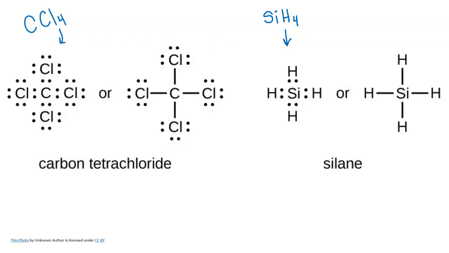So we're going to write our element symbols, and we're going to put typically the least electronegative in the center, unless we have carbon. That's what I wanted to show you. So carbon could be an exception. If you have a carbon, it's typically always going to be the central atom. Okay, so write the element symbol for your outer atoms around your central atom. Then you're going to draw a straight line to connect each outer atom to the central atom, which is what we're doing right here, correct?